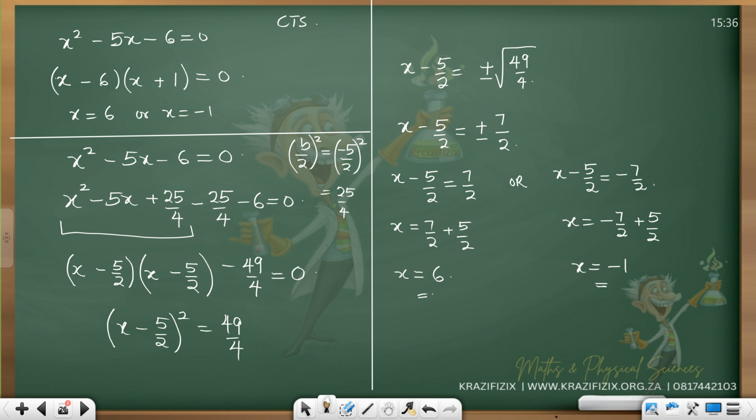But you must know how to complete the square. Please, very, very interesting. Just lovely. Just beautiful maths. There's no subject as beautiful as maths.